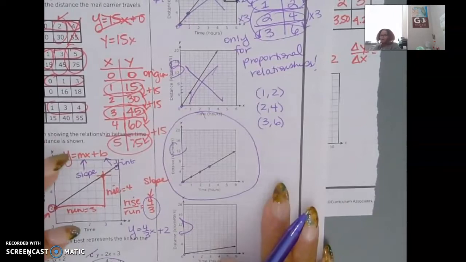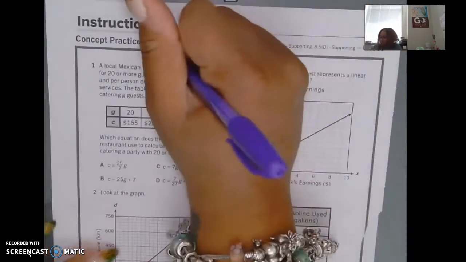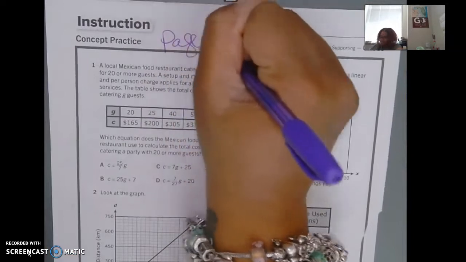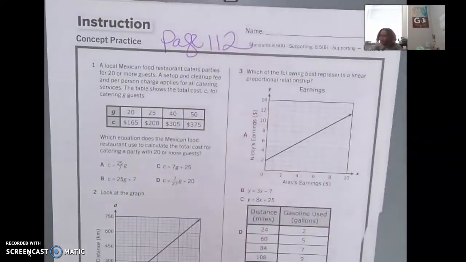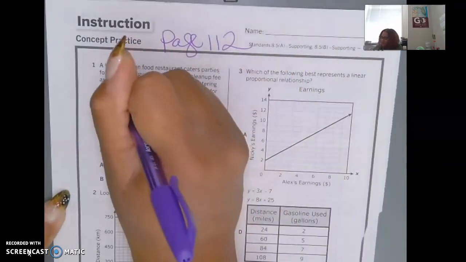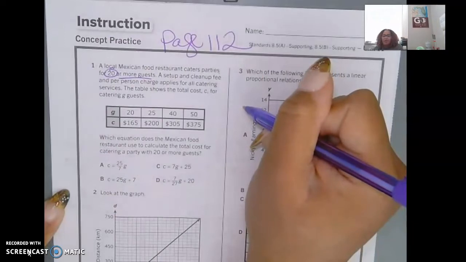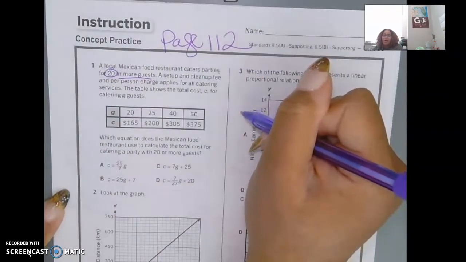All right, on to page 112. A local Mexican food restaurant caters parties for 20 or more guests. A setup and cleanup fee and per person charge applies for all catering services.